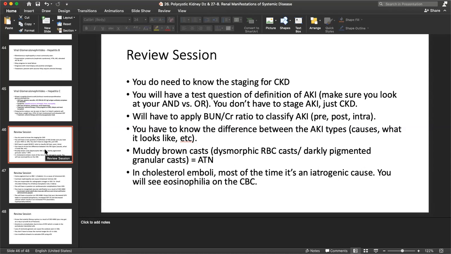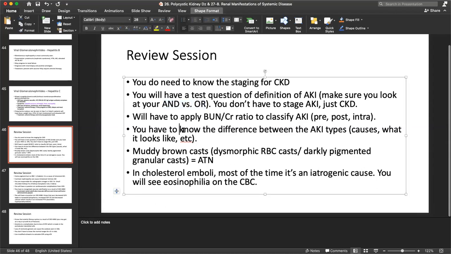Make sure that you'll have a question on the definition of AKI. You don't have to stage it, but make sure that you look at what he put for "and". Sometimes he'll put "and/or". Make sure that you know the difference. If it says "and", you have to have both. If it says "or", either or.